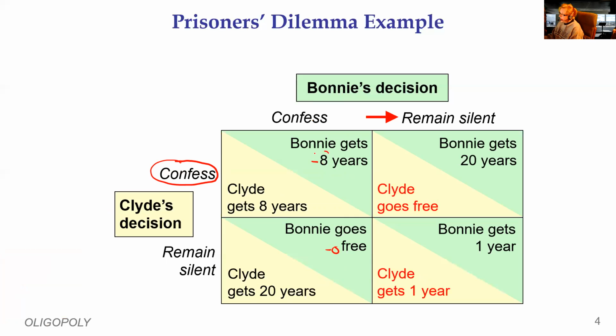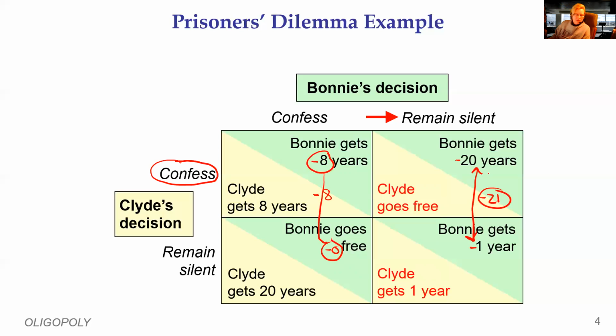So I would add the two together, -8 and 0, that's -8 for that cell, if you will. -20 and -21, add the two together, and you get -21.